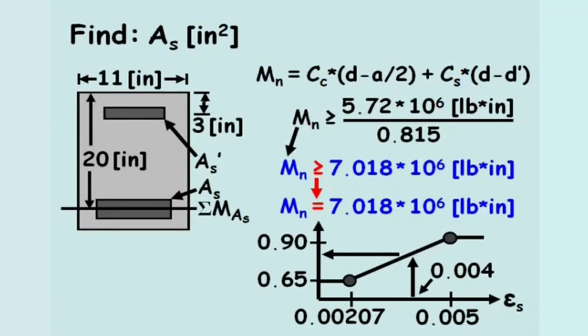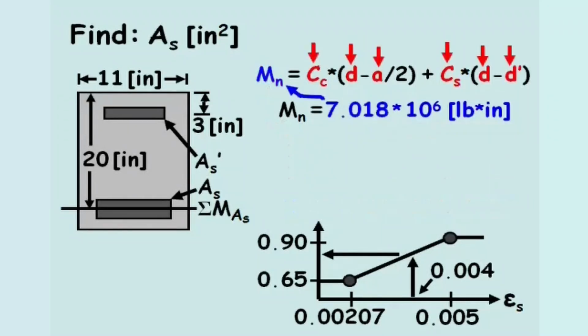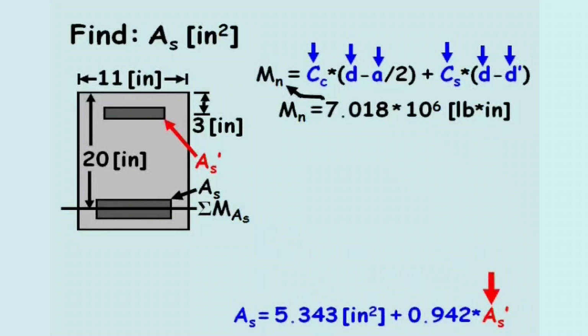Now that we have the nominal moment in the beam, we can solve for the other variables in the moment equilibrium equation. Keep in mind, we're trying to solve for the area of the compression steel, As', in order to ultimately solve for the area of the tension steel, As.